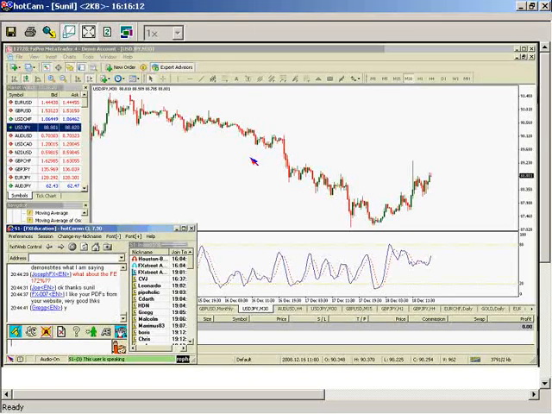Let me just tell you something about Fibonacci. It does not necessarily work every time. Nothing works all the time. But when you take a technical tool, you are using it to your advantage. You want an edge.